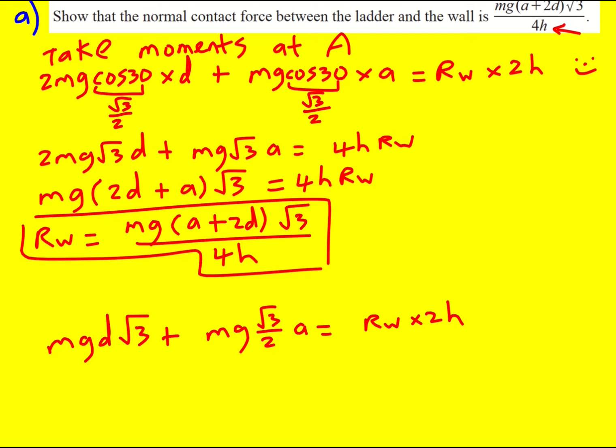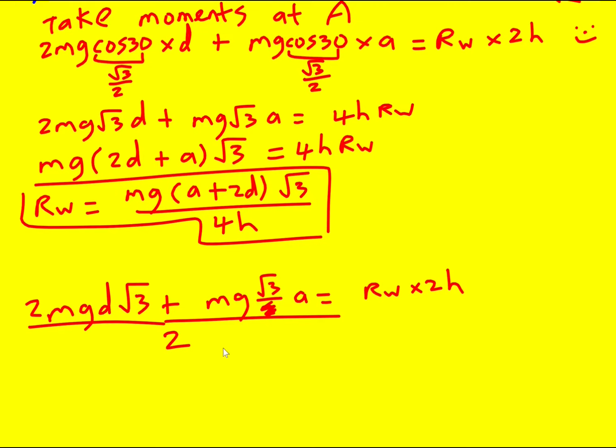And I would actually say, put it over a common denominator. Let's just do that. And then when you divide by 2h, it's the same as just timesing the bottom by 2h, because it's the same as timesing by 1 over 2h. So you can just do that. I'm just talking about little bits of technique if you're less confident on your algebra. And then once you're here, we're back in the same sort of place. You can just collect these terms together.